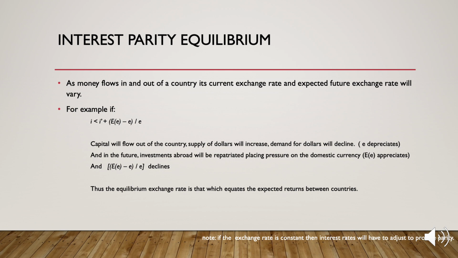That equilibrium exchange rate is the one that balances out the foreign and domestic rate of return. And that's what we're looking for with uncovered interest parity equilibrium, where I is equal to I prime plus the expected depreciation. When that is true, capital has stopped flowing and you've found a stable value of the exchange rate.